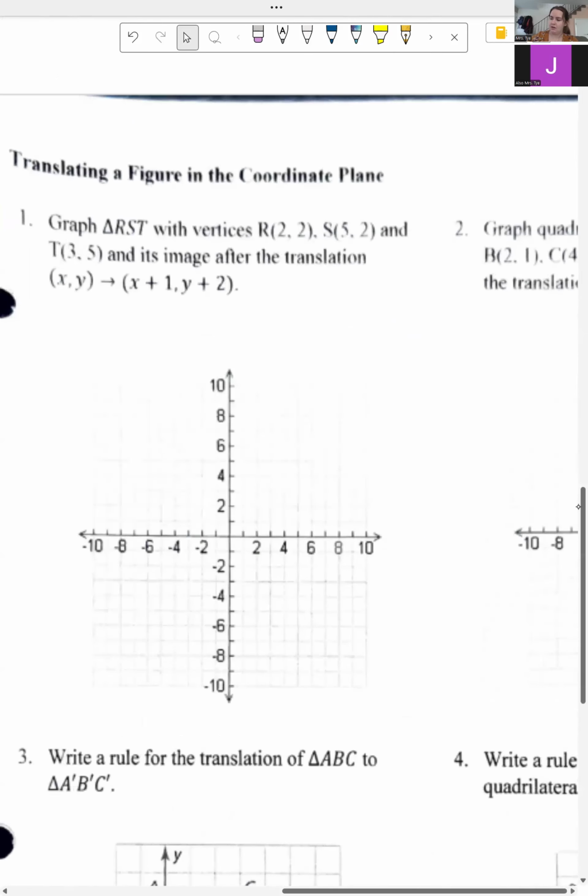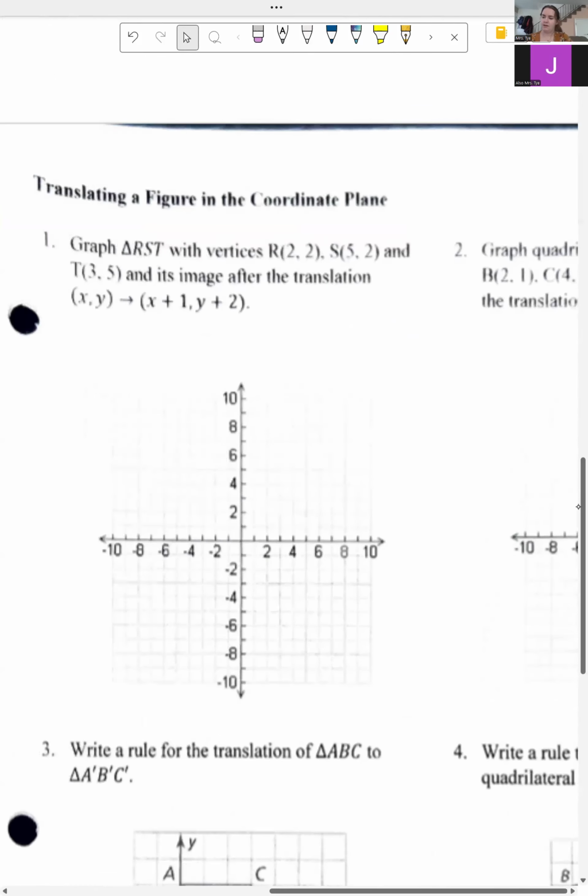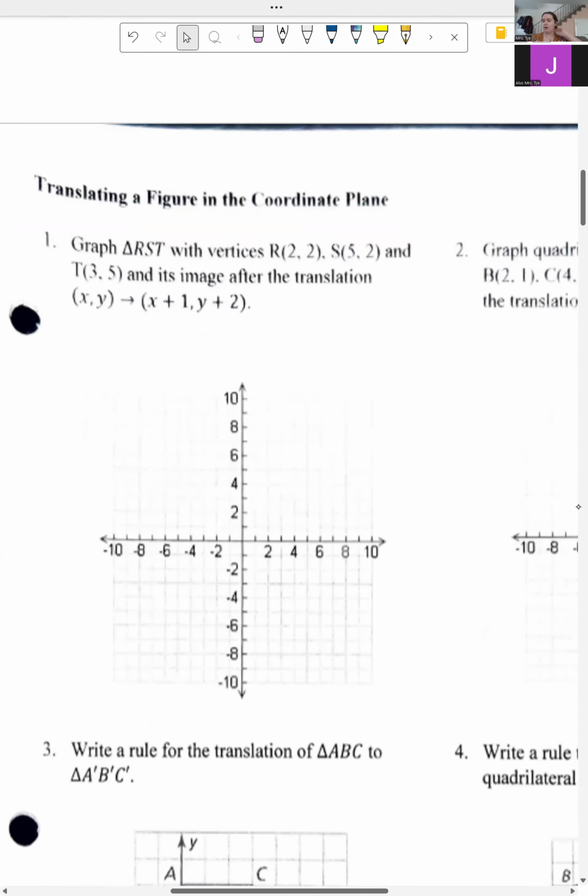Okay. So we're gonna do a couple of examples together. So we're gonna start by graphing the triangle RST with vertices at (2, 2), (5, 2), and (3, 5), and then its image after this translation. And I'm going to explain what it's telling us to do in just a second, but let's just start by graphing that triangle.